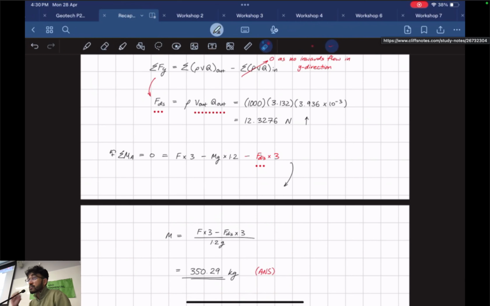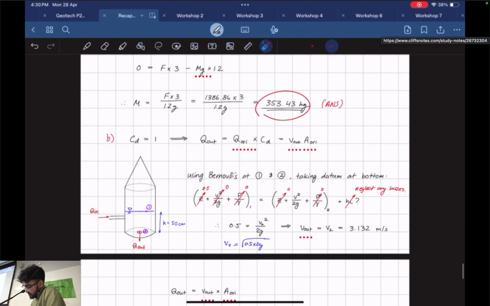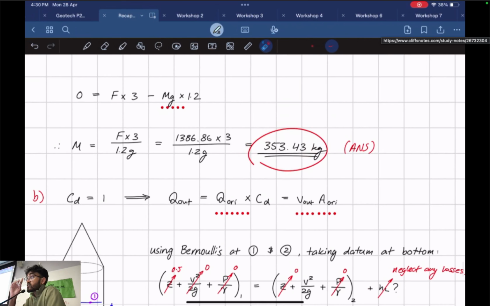And you get your answer, and that's the question done. For those still copying down, the original mass was 320 something. Never mind, 353. It's less, which makes sense because this is like some counteracting force.